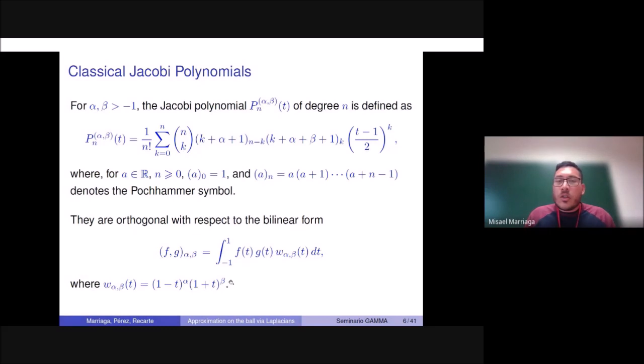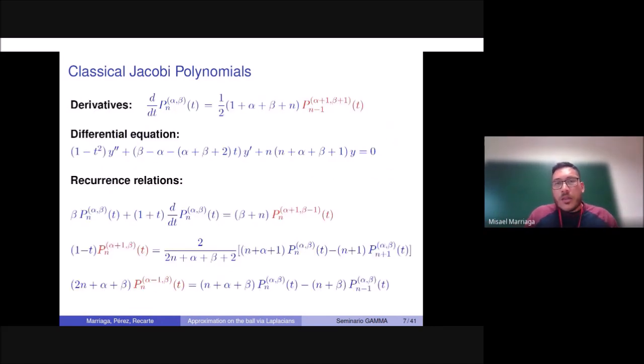And of course, by making a change of variables, you can translate the orthogonality from the interval -1 to 1 to any other bounded interval. Some of the properties, as you already know, there are several properties of classical Jacobi polynomials, and I'm just mentioning some of the properties that we use throughout this work.